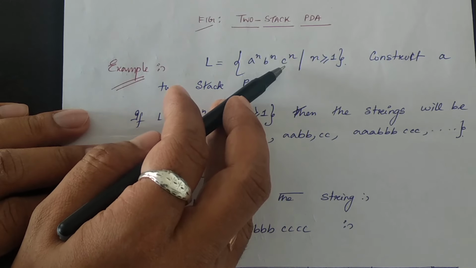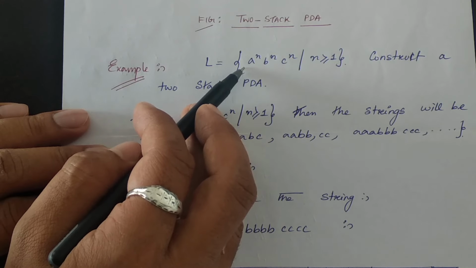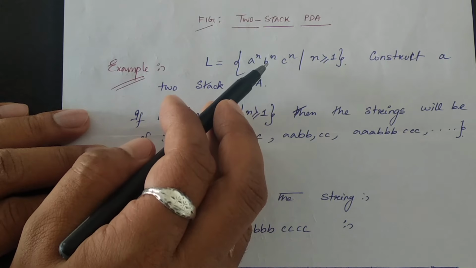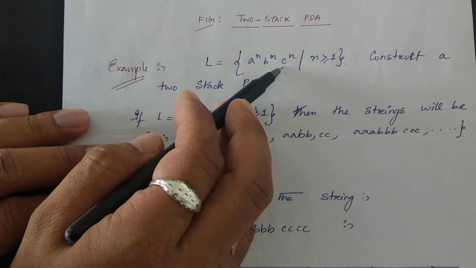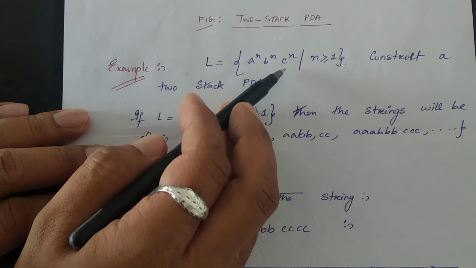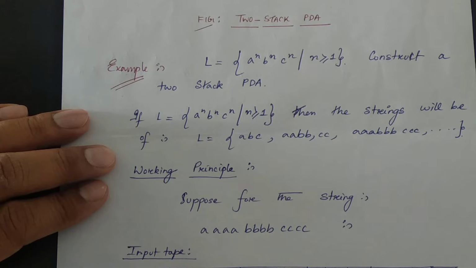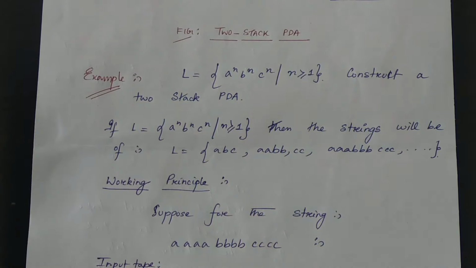Once I reach C, stack number 1 is empty after pushing all the B's, and as I read C, I will pop each and every B once we encounter all the C's. That means all the A, B and C will be read properly according to the operation of a pushdown automaton. So this is the general concept behind the two-stack pushdown automata.